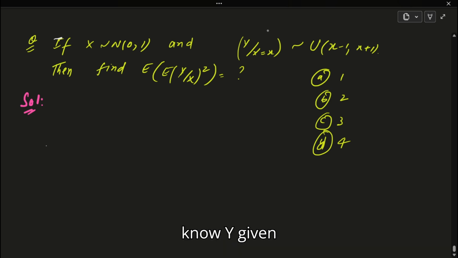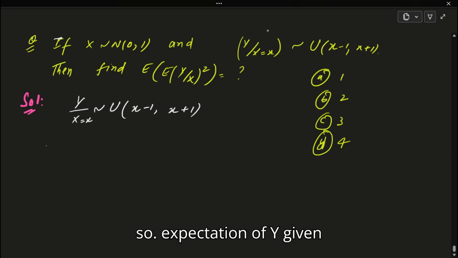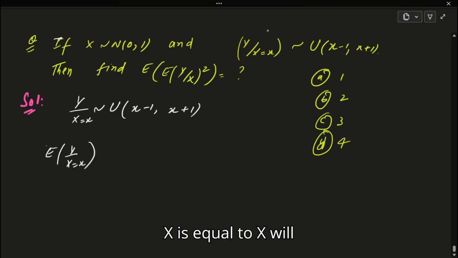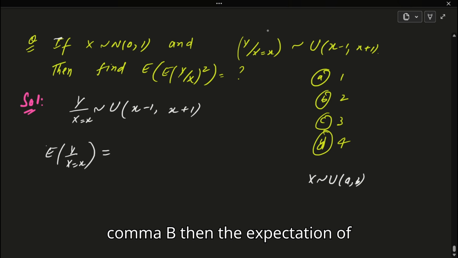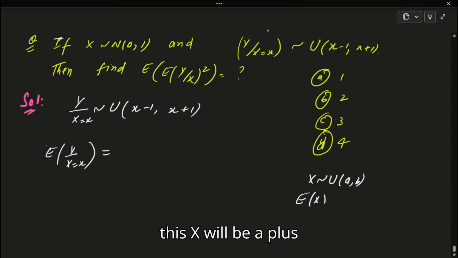As you know, y given x equal to x follows uniform (x−1, x+1). So the expectation of y given x equal to x will be, as you know, when x follows uniform a comma b, the expectation is (a+b)/2.